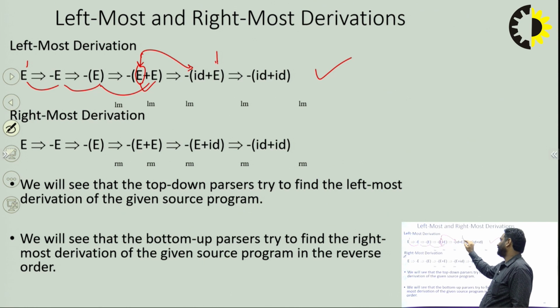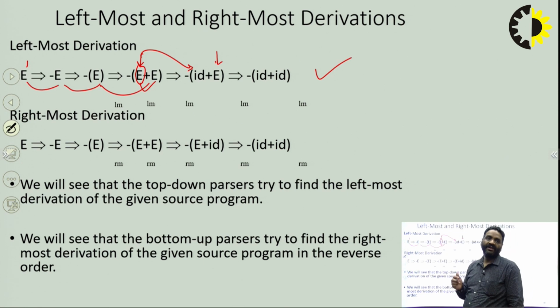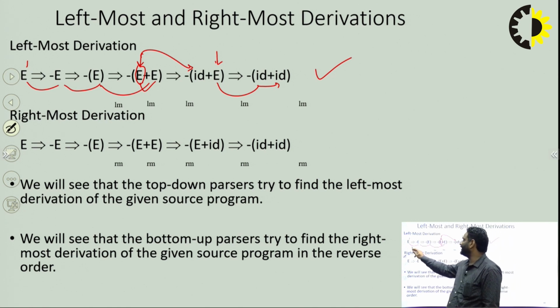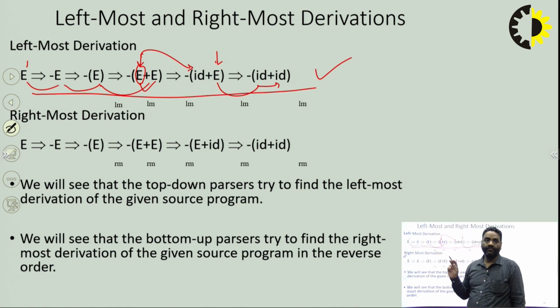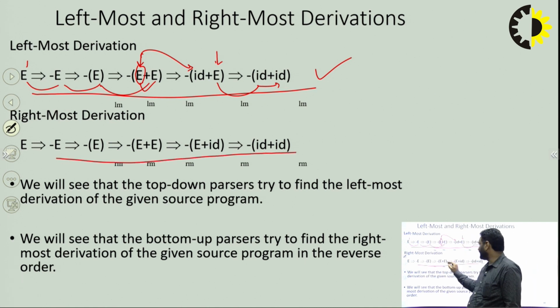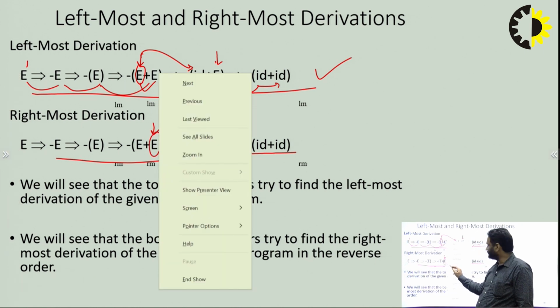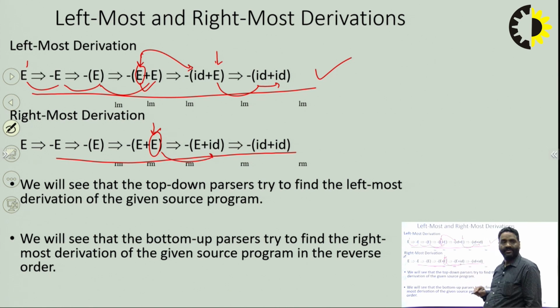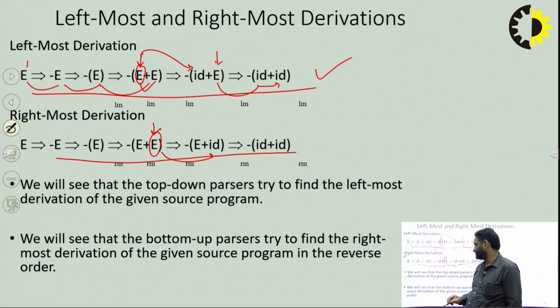After that, we have only one non-terminal, which is itself both the rightmost and leftmost non-terminal. Then we convert this into ID. So in this whole process, we are converting the leftmost non-terminal. In the second example, you can see we first convert the rightmost non-terminal into this one. So this approach is rightmost derivation.